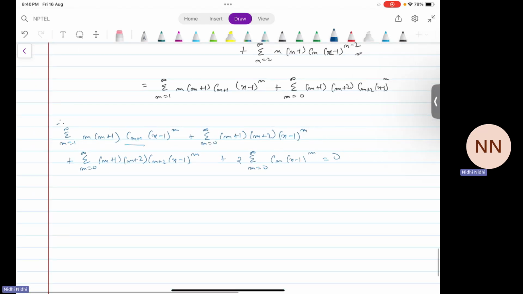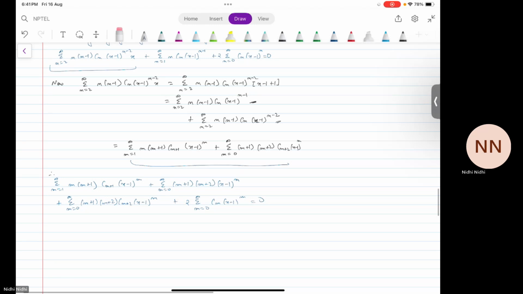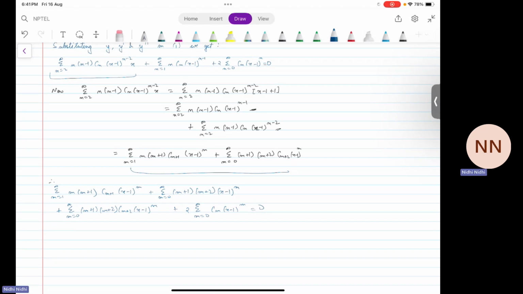Now these two came from here and the rest two terms. This one is same, and this one can be written like this after substituting n minus 1 by m.